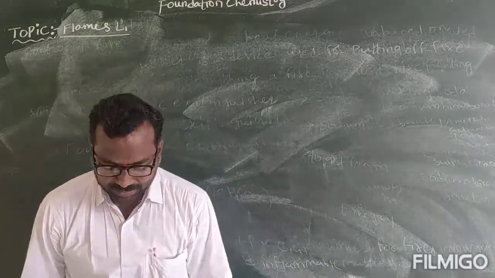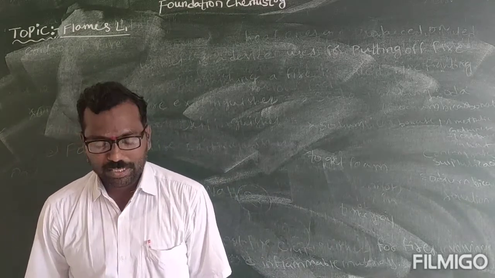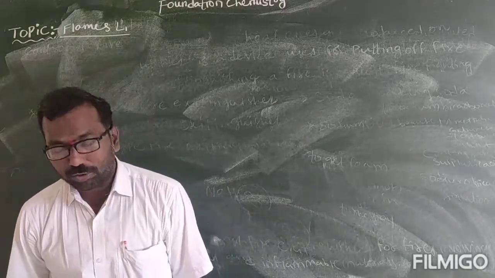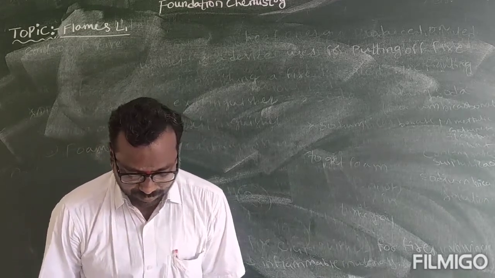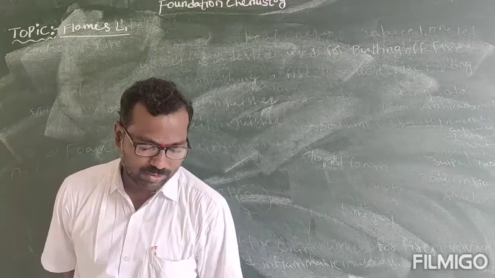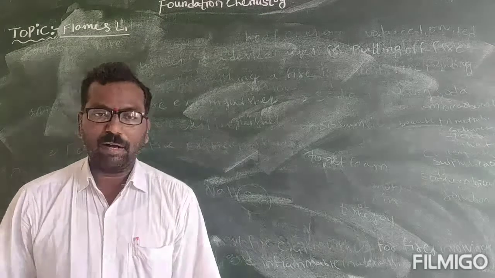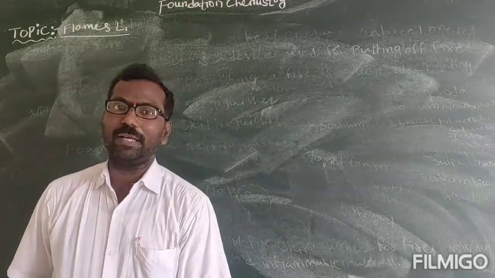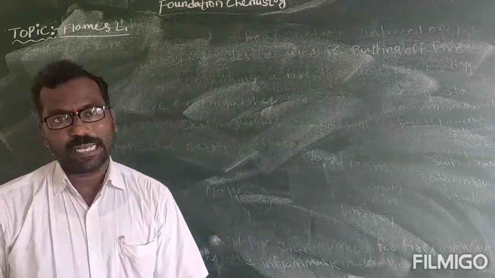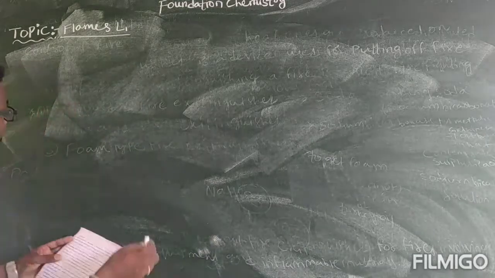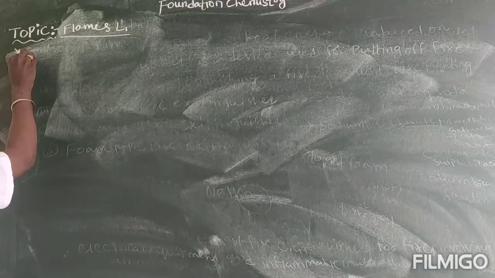Innermost zone, that is called the dark zone, the second one is the middle zone or luminous zone, and the third one is the outermost or non-luminous zone. I have already posted the diagram in the previous class. So what does a flame mean?